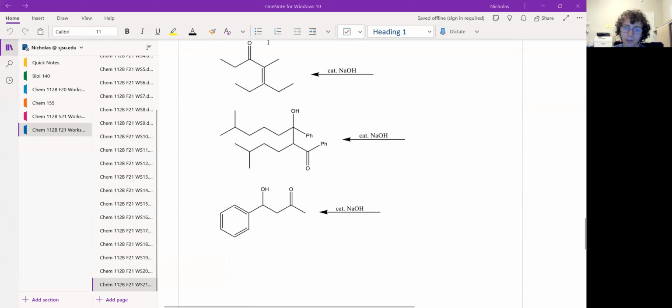And last one on the worksheet, I'm going to approach it in a similar way. This is alpha to the ketone, this is beta, where the alcohol is. This is the bond we formed to make this product between the alpha and the beta carbon. If you're working backwards, break that bond. Now I'll draw this part on the right that I've circled in blue.